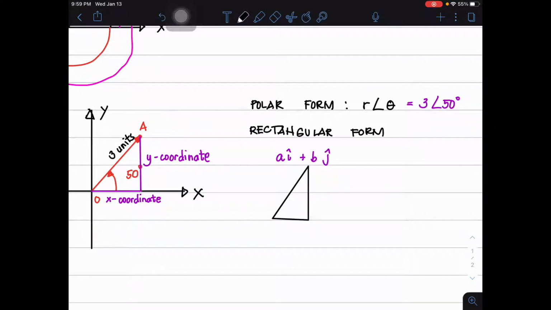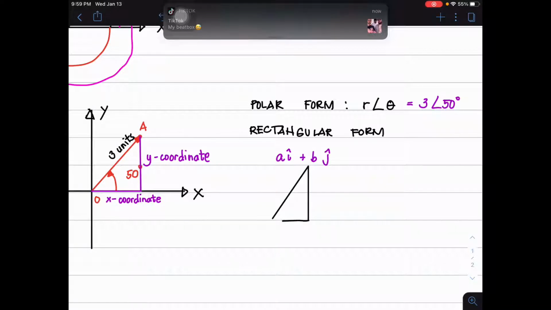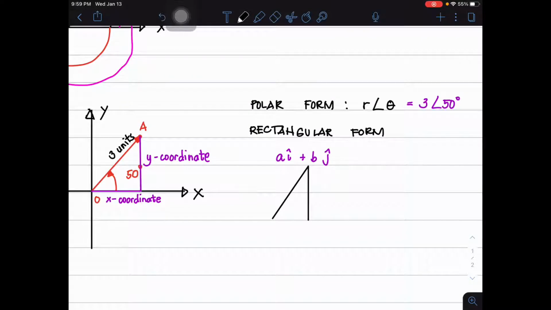That doesn't look like a right triangle, but anyway, let's say this is a right triangle, and this is 3 units we said, and this is 50 degrees. Now, we have to get the measurement of these sides, by applying the Pythagorean theorem or SOHCAHTOA.